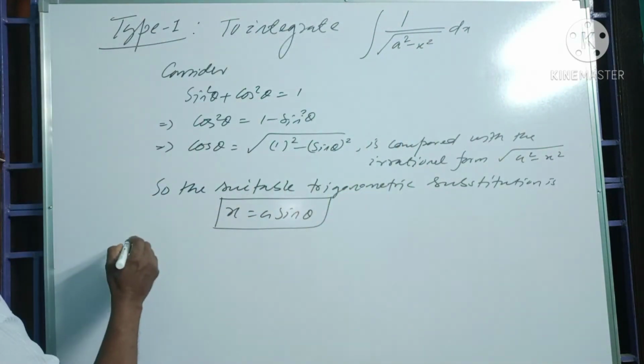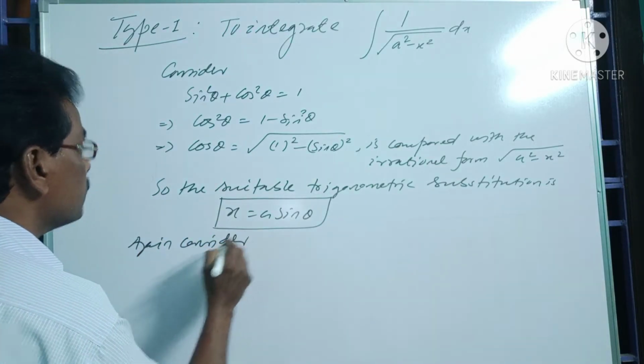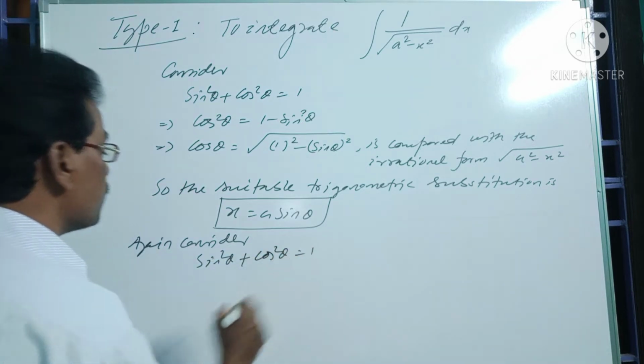Also, again consider sin square theta plus cos square theta is equal to 1.